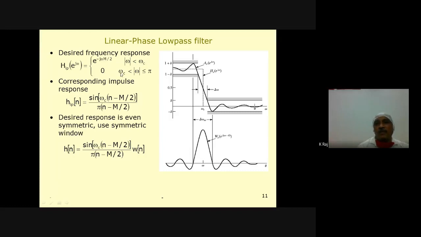That means in the range from minus pi to minus omega c and omega c to pi, the response will be 0, and it will be equal to e to power minus j omega M by 2 in the range minus omega c to plus omega c, where omega c is the cutoff frequency. This is the response represented here.